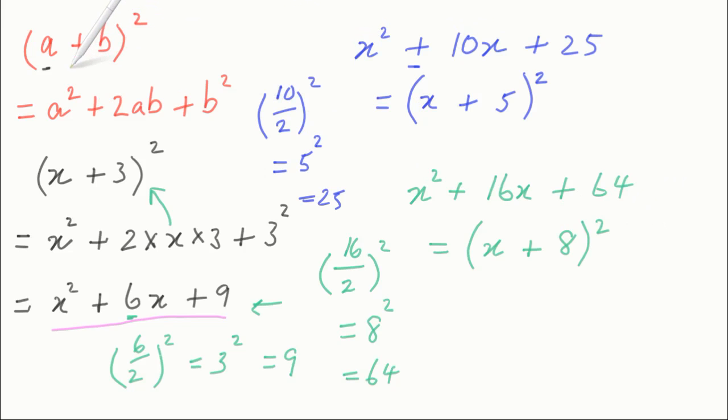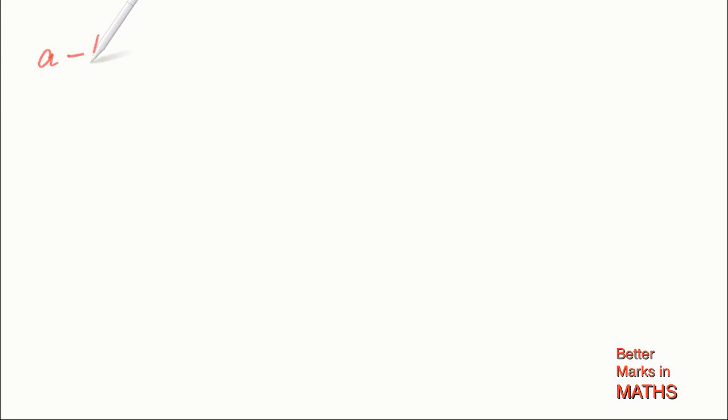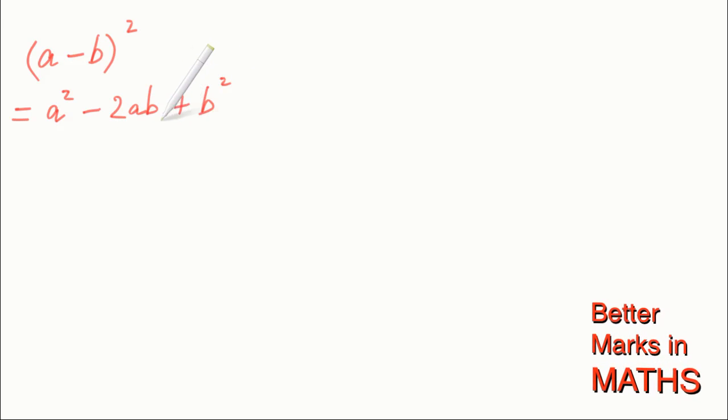The one I'm going to look at now is when it's a minus b all squared, and I'll show you how to do that. The formula is a minus b all squared equals a squared minus 2ab plus b squared. So when you have something in a bracket like this with a negative and it's squared, always this middle term will be negative and this last term will always be positive.